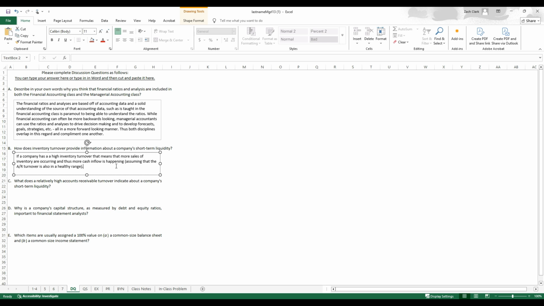Because you could have a lot of sales of inventory happening, but if your customers aren't paying you, that could be bad. And so having more cash inflow will mean that the company has more liquid assets, i.e. cash, to use to pay its liabilities and fund ongoing operations.